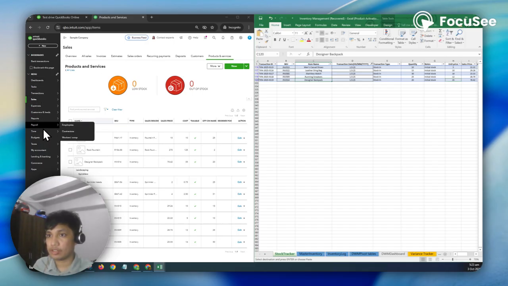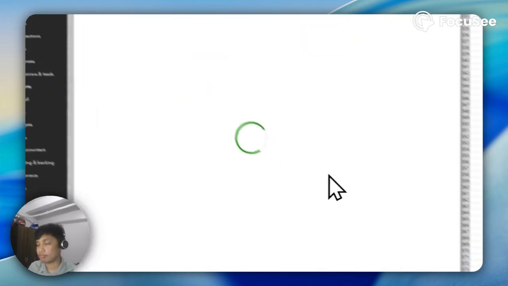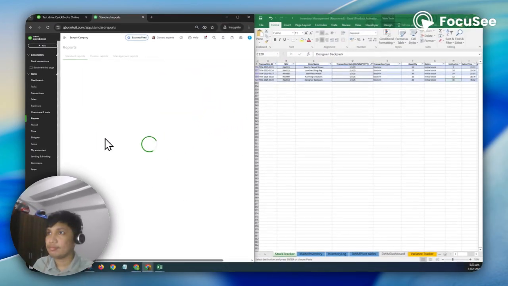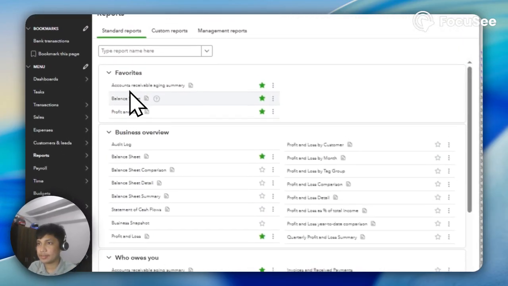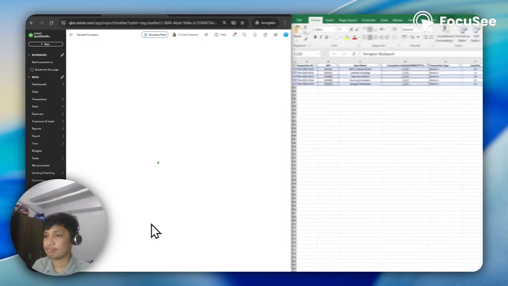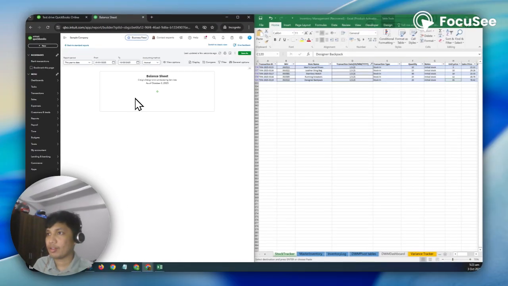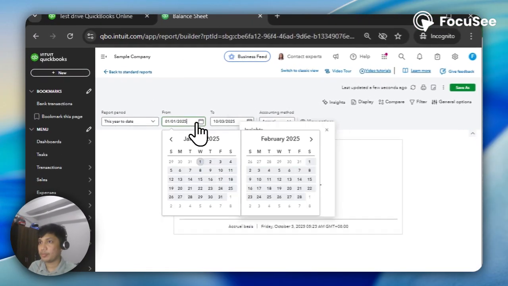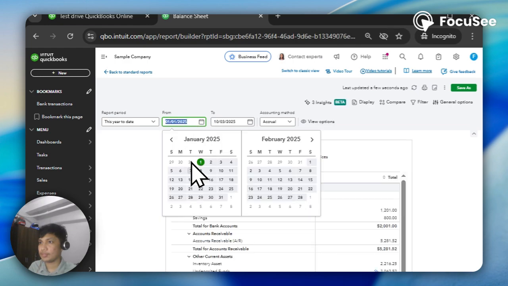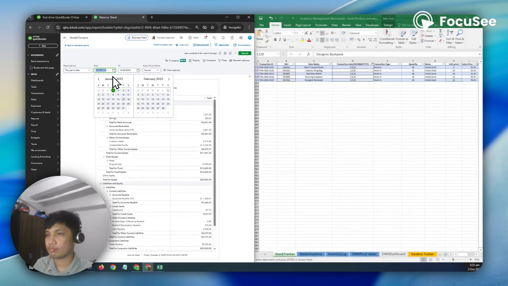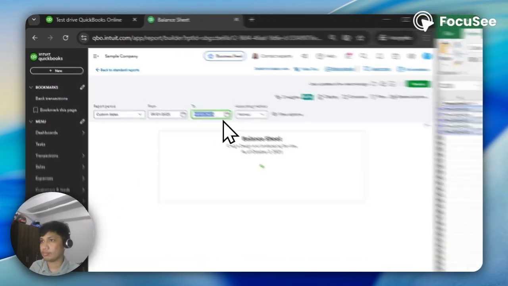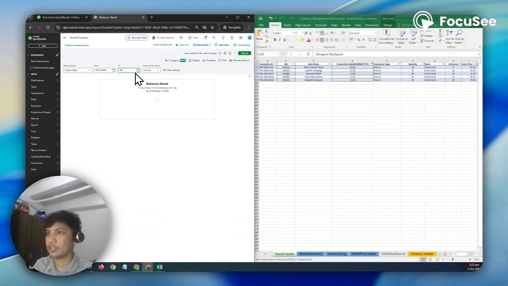I'll go to reports, balance sheet, from 9/01/2025 to 09/30/2025.